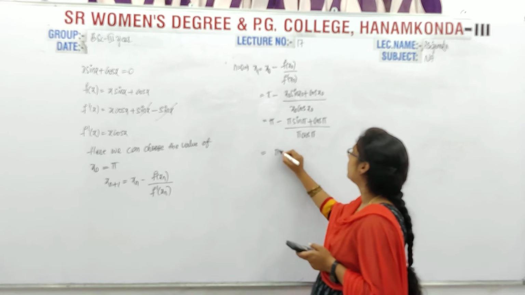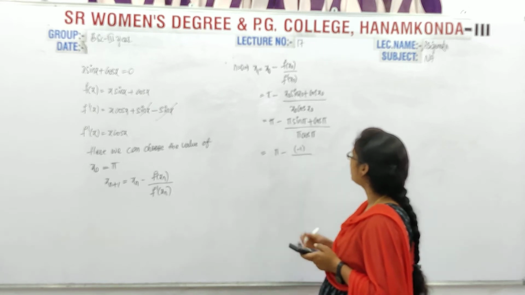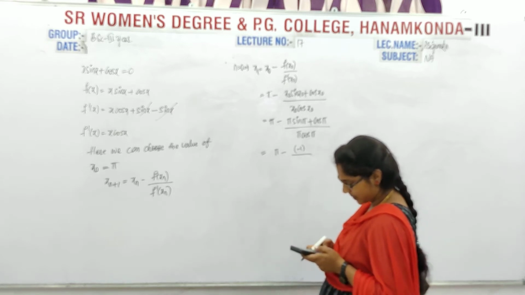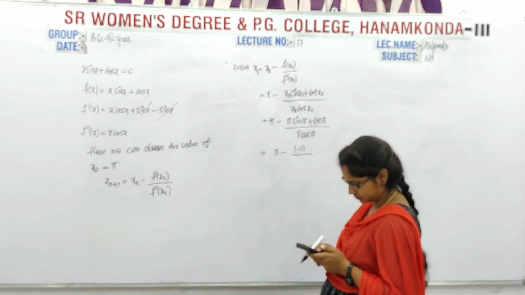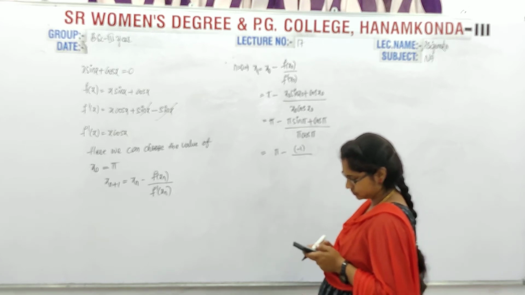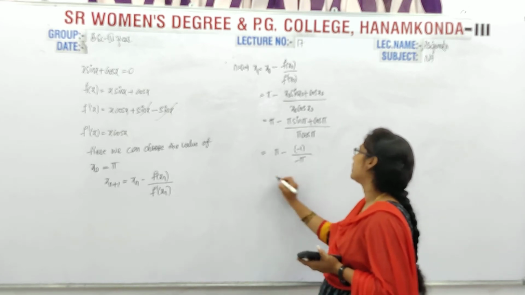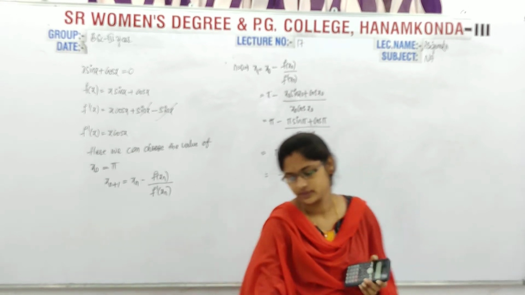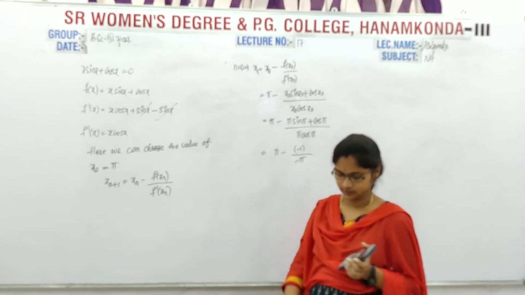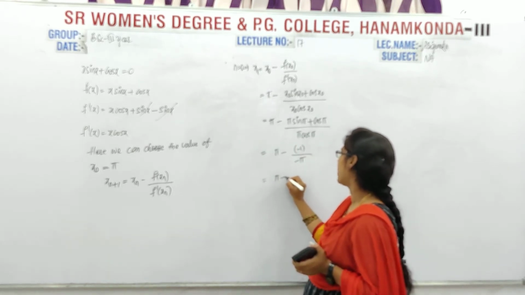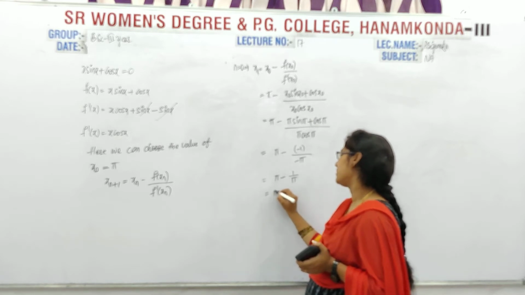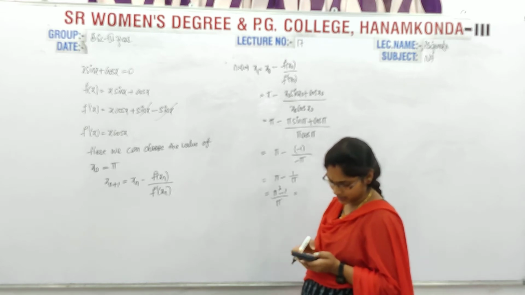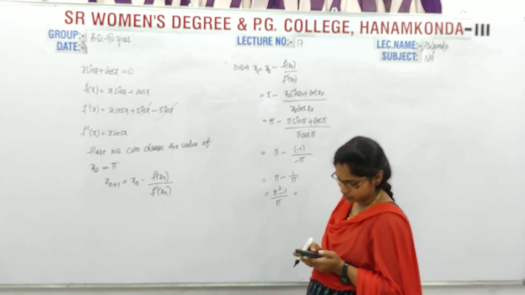So pi minus minus 1 by pi into cos pi, that is minus pi. Otherwise, simply, pi minus 1 by pi, which is nothing but pi square minus 1 by pi. What will be the pi square value? Just calculate that: 3.14 is the pi value, whole square.